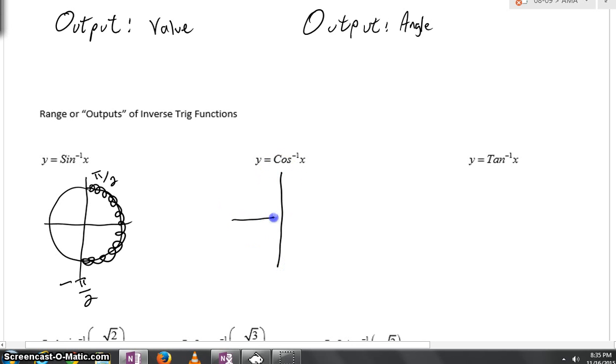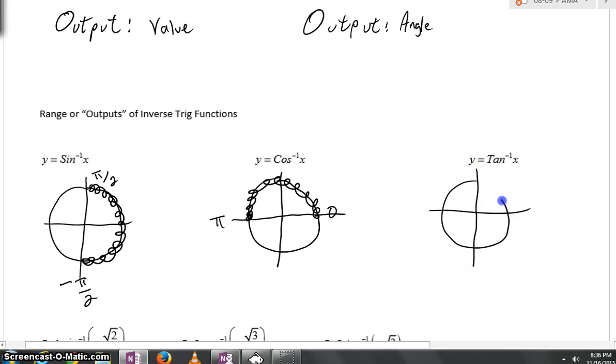For inverse cosine, if we had an inverse trig function, any value coming in would just have one angle as an output, one input, one output. So we're going to come to an agreement that we're always going to have an output between 0 and pi radians. For inverse tangent, the outputs look amazingly close to those of inverse sine.